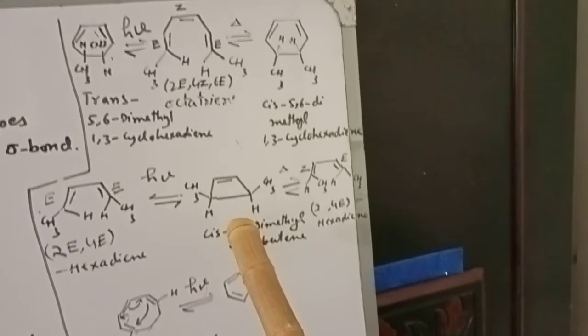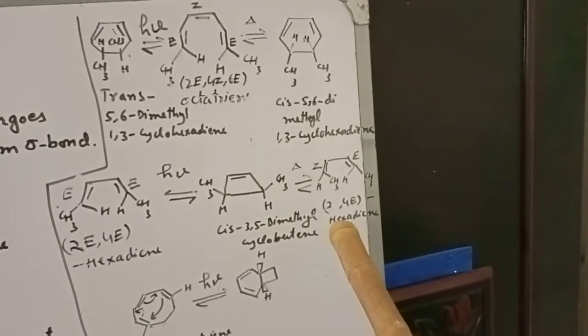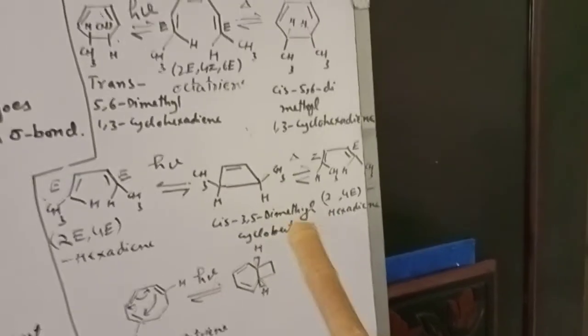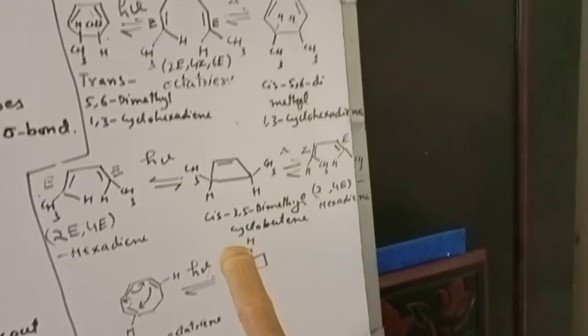Therefore, this hexadiene and this hexadiene have opposite configurations. So photochemical electrocyclization and thermal electrocyclization from the same cyclization or ring opening reaction give products of different configuration. This is another example.